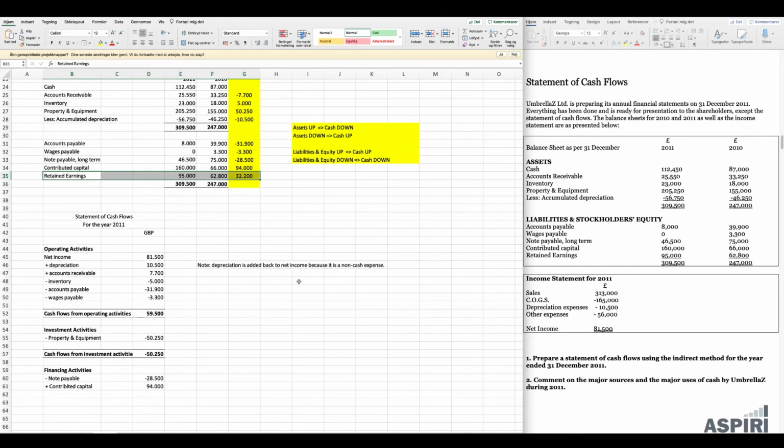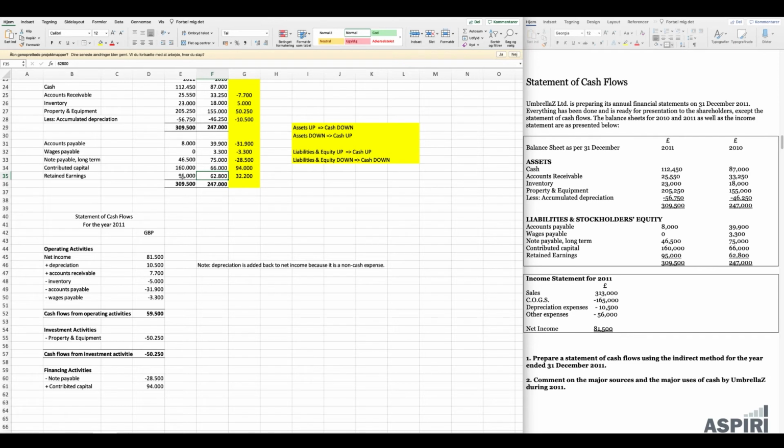But if the change in the retained earnings is lower than the net income, then you will know that something has happened in terms of a dividend payment. Because recall that retained earnings is simply the addition or summation of the net incomes. So if no dividends have been paid out, then we would simply add 81,500 to the existing 62,800, and then we'd get to some new balance here.